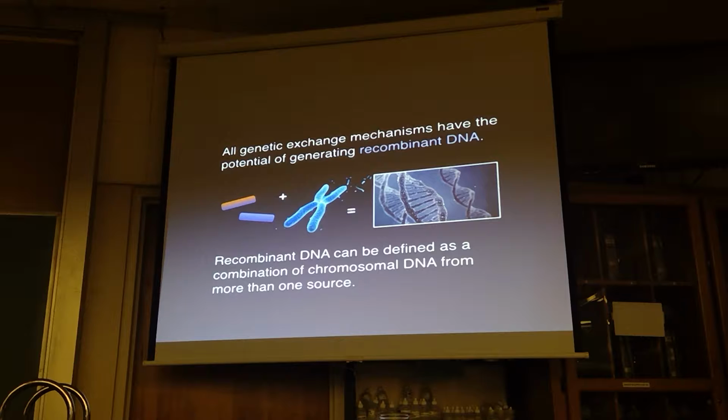Even what we did for processing cells to run the PCR, that's potentially recombinant DNA technology, even though we didn't generate recombinant DNA. But recombinant DNA technically is a combination of chromosomal DNA from more than one source. It happens naturally, but humans do it a lot because now we can take genes from any source and put them into E. coli or put them into yeast cells to get those cells to do what we want them to do.